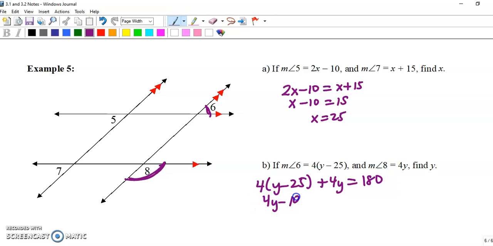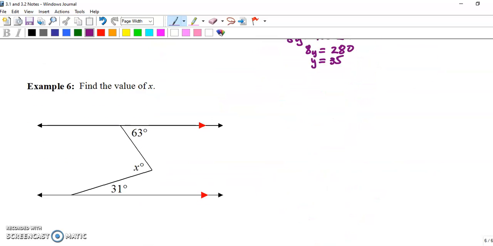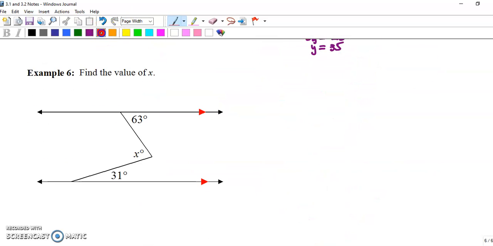So 4y minus 100 plus 4y equals 180. 8y minus 100 equals 180. Add 100 to both sides, and divide by 8. I think that's 35.